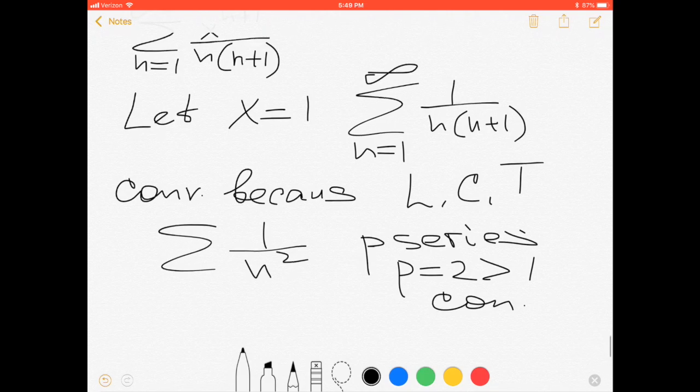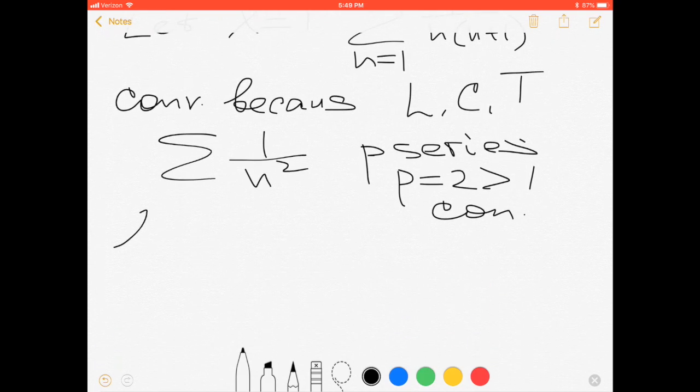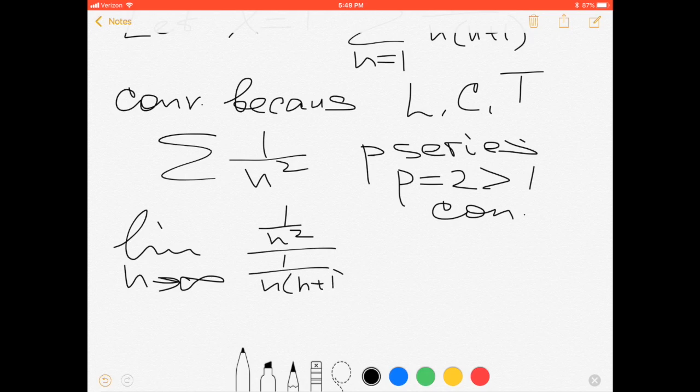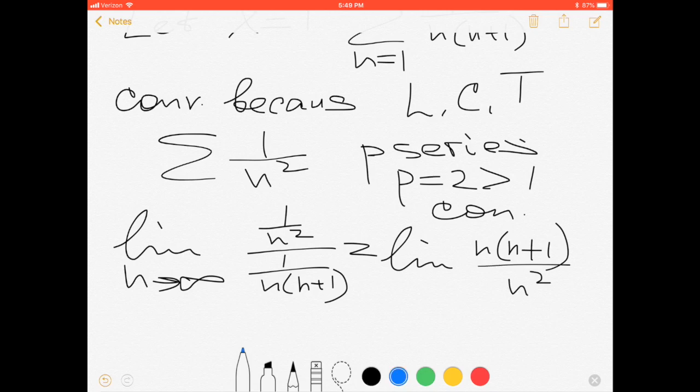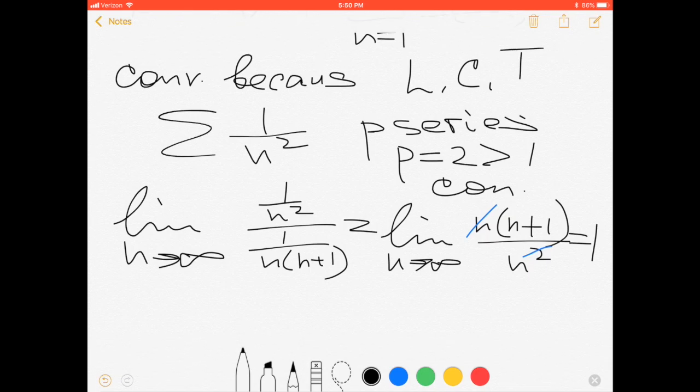And what does the limit comparison test give us? The limit as n approaches infinity of 1 over n squared divided by 1 over n times n plus 1 gives us the limit of n plus 1 over n, and this is equal to 1. This means the p-series converges, so our series converges.